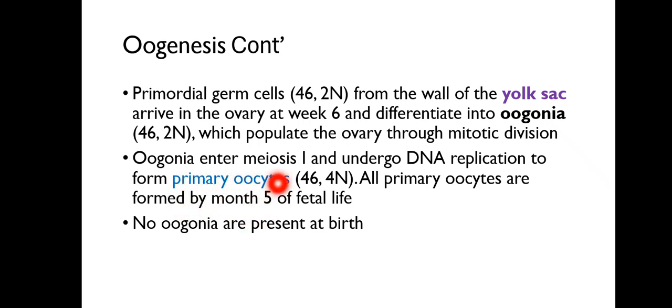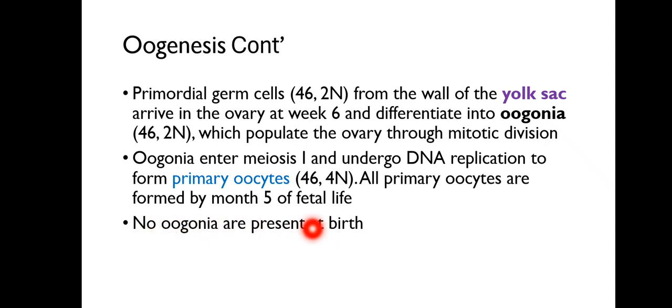So oogonia enter meiosis 1 and undergo DNA replication to form primary oocyte, which has 46 chromosomes. All primary oocytes are formed by month 5 of fetal life. So in month 5 of the pregnancy, the female fetus has already formed its primary oocytes. No oogonia are present at birth.